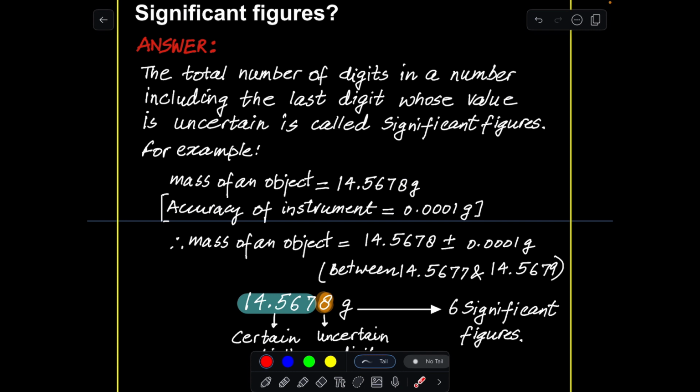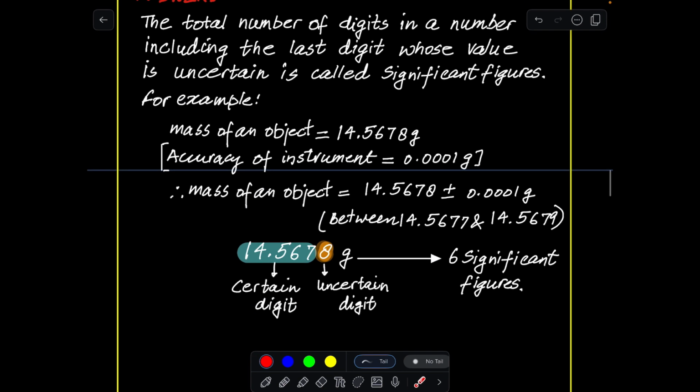So the values may be written differently by different individuals, or if the same measurement is done at a different time, it may be between 14.5677 and 14.5679. That is, we have an uncertainty of plus minus 1 unit at the 4th place of the decimal.